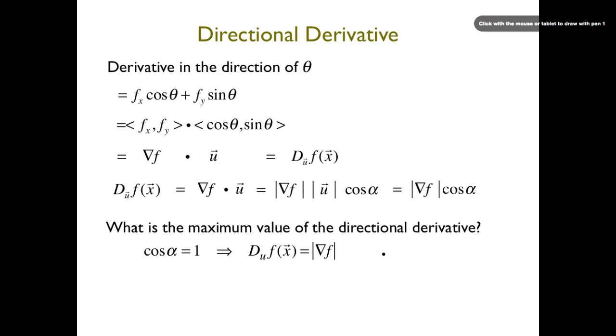Yeah? I'm sorry, I'm confused. Why do nabla f and u not always point in the same direction? I thought they, by definition, did. No, we choose u. You can be any angle from 0 to 2 pi. We choose u, and then we say we want to find the rate of change in that direction.